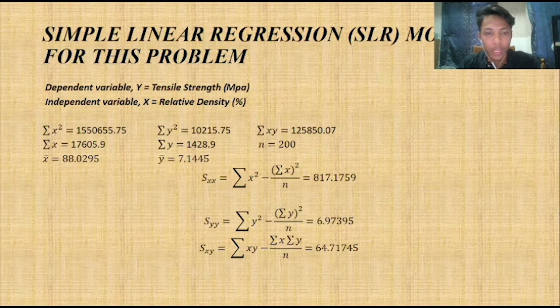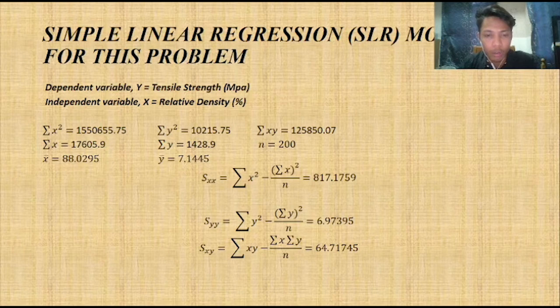Sxx equals sum of x squared minus sum of x all squared divided by n. So the value of Sxx is 817.1759.